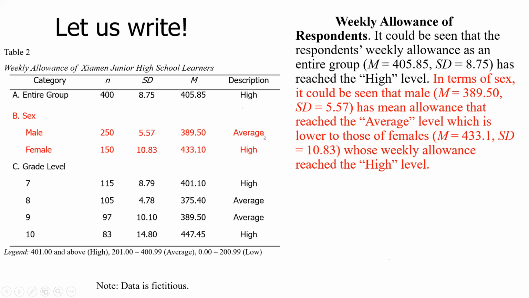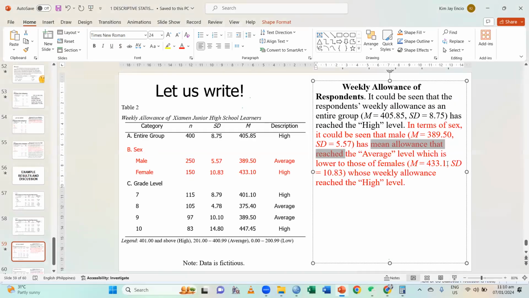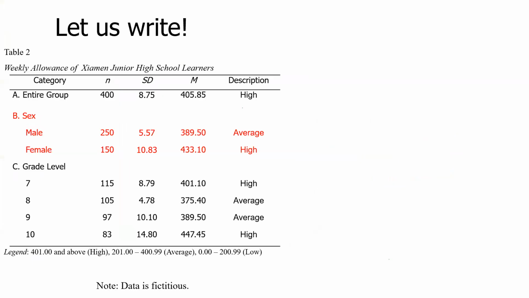Isn't it that the high level is higher compared to the average, which is lower, than those of females. And I reported also the mean and standard deviation of females, whose weekly allowance reached the high level.